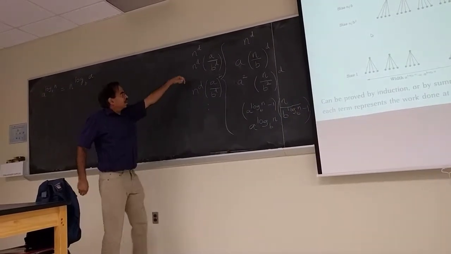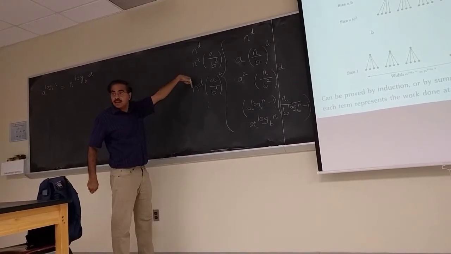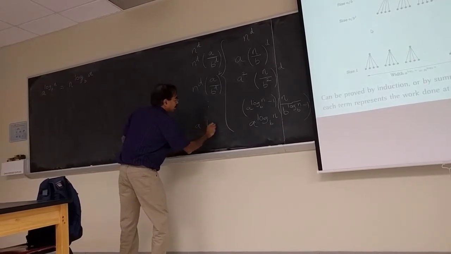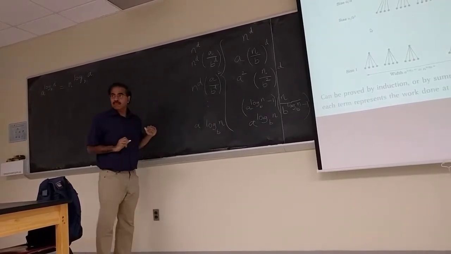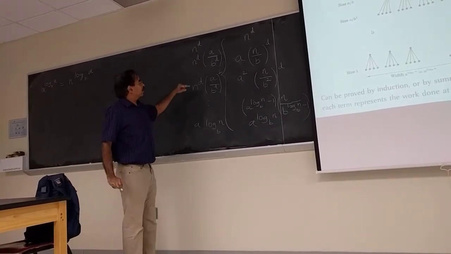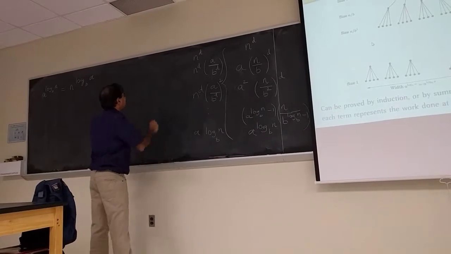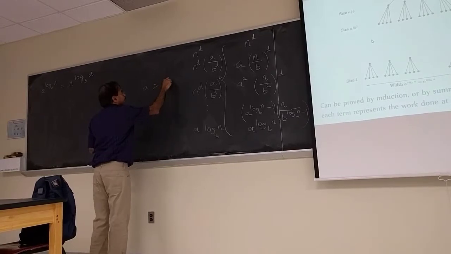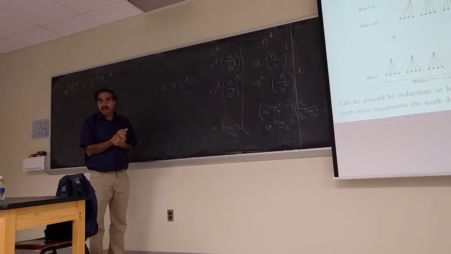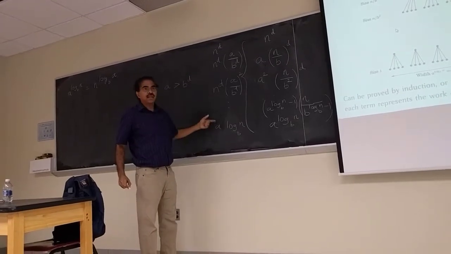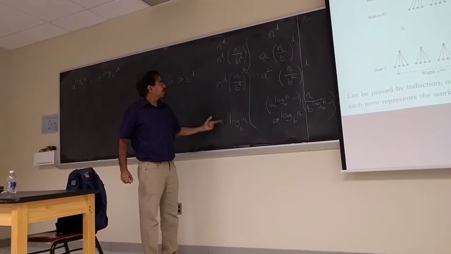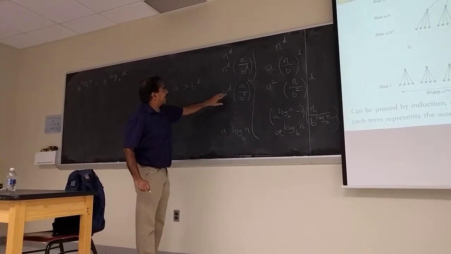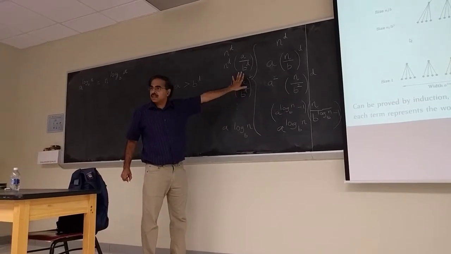So you can see that this is a geometric series, and then the last term is a to the power log b to n. Now you can ask the question: what is a? If a is greater than b to the power d, that means this is an increasing geometric progression, because again what you're doing is n to the power d, and then multiplying that by a by b to the power d and something else.